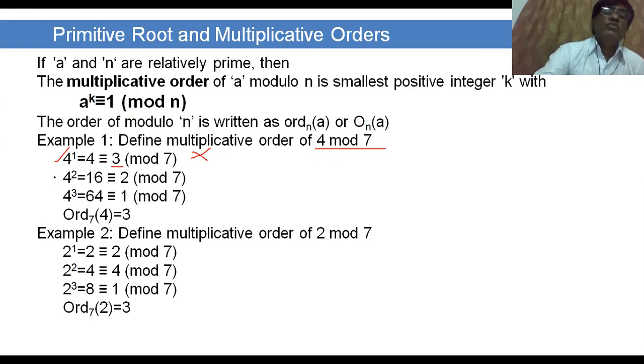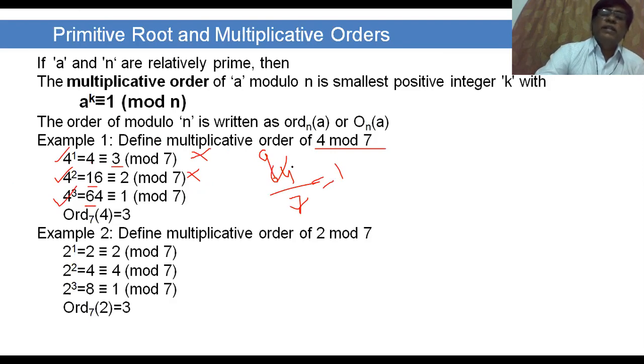Next, calculate 4 squared. It is 16. 16 mod 7: the remainder is 2, so it's not 1. Now calculate 4 cubed, which is 64. 64 divided by 7 leaves remainder 1, because 7 nines are 63.